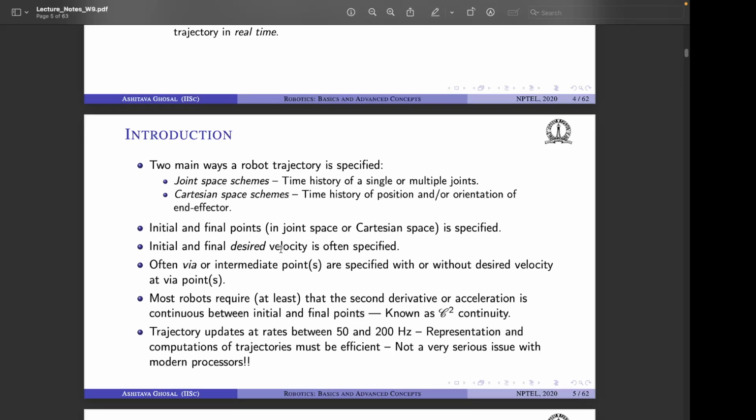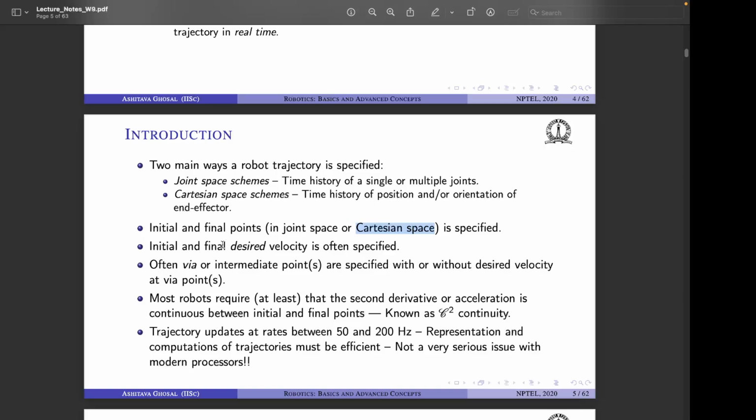Now, while specifying trajectories, what all information do we generally have a priori before we actually find out the trajectory? Generally we have the initial and final points, again in either joint space or Cartesian space. In joint space it would be the initial angle and the final angle of the joints. In Cartesian space it would be the initial and final position or orientation of the end effector.